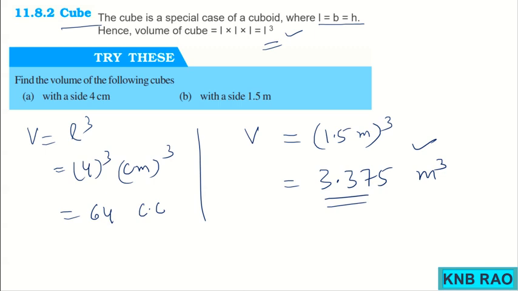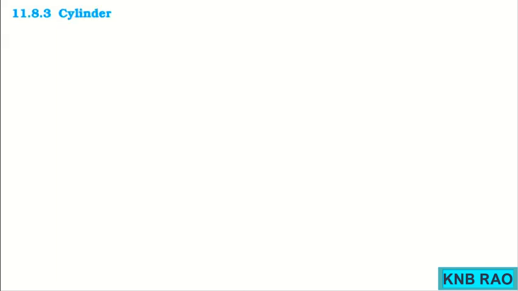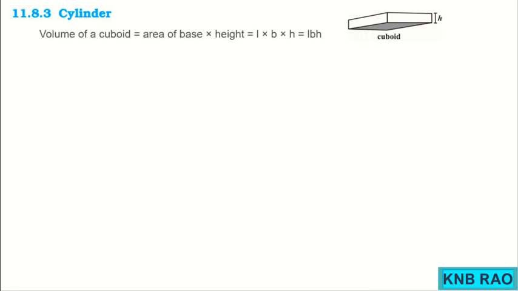Now, moving on to the next, another important solid, the cylinder. See children, very important. In the case of a cuboid, volume of a cuboid is area of the base into corresponding height, that is L into B into H. Similarly, in the case of a cylinder also, area of the base into corresponding height.